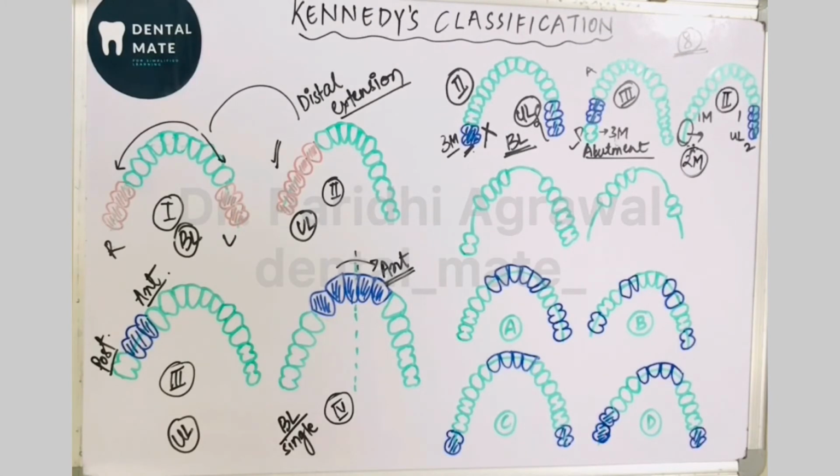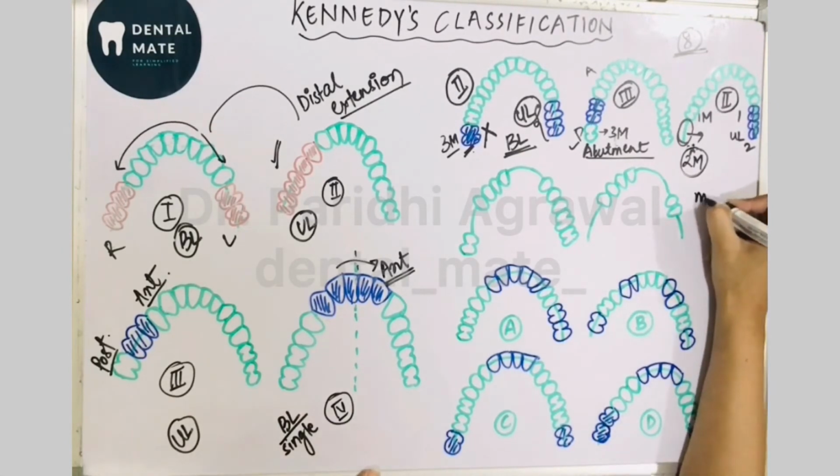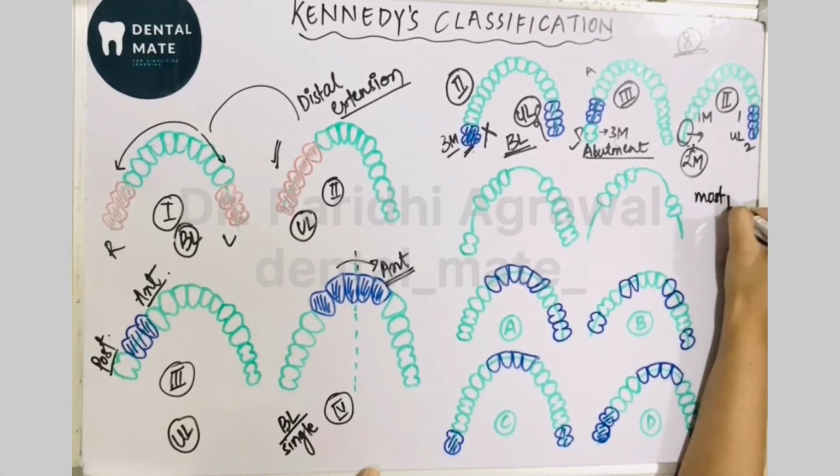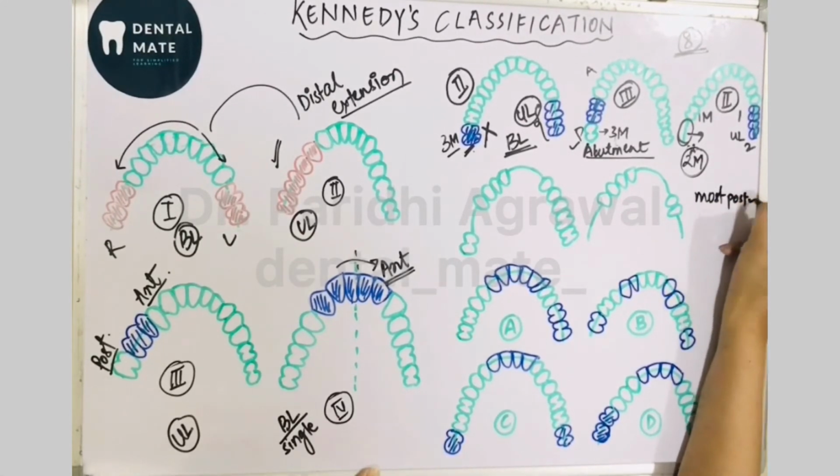Next rule, that is the fifth rule. Fifth rule is that जो most posterior edentulous area होगा, that would determine the classification. ठीक है. सो क्या है? एक तो most posterior area जो है वो classification determine करेगा.